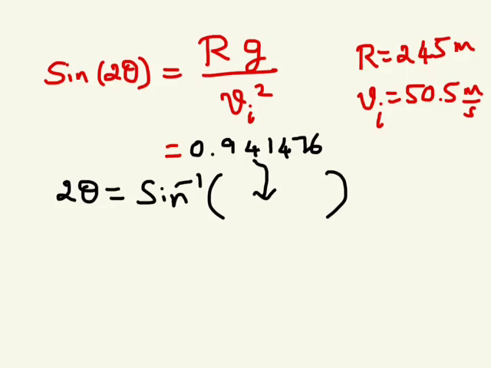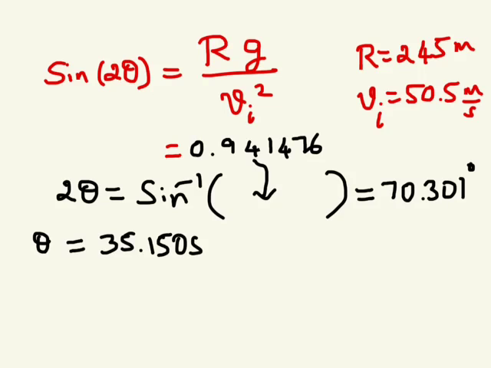And if I calculate it, sine inverse of that comes out to be 70.301 degrees. Okay, so that's 2 times theta. If I divide both sides by 2, my theta comes out to be 35.1505 degrees. Right. So I'll simplify this as 35.2 degrees.